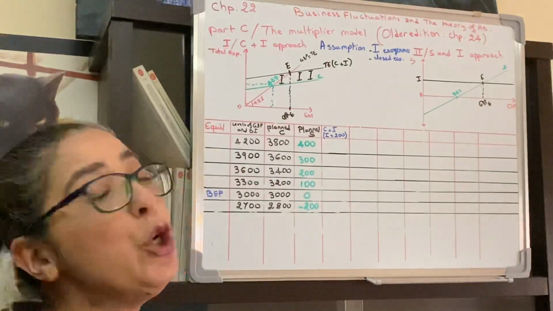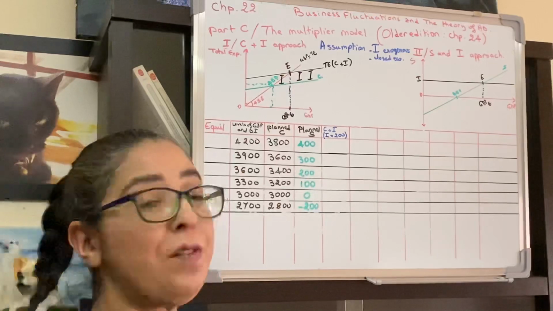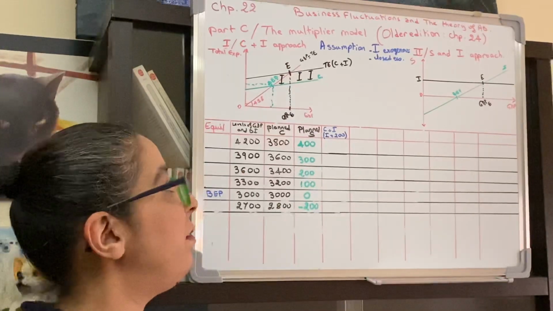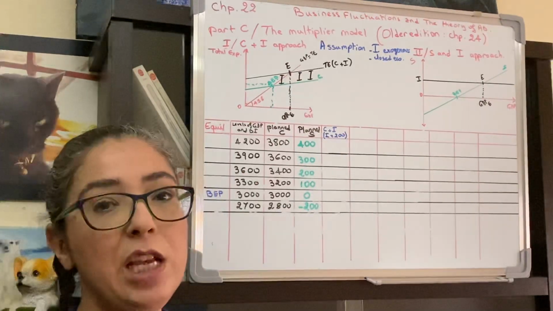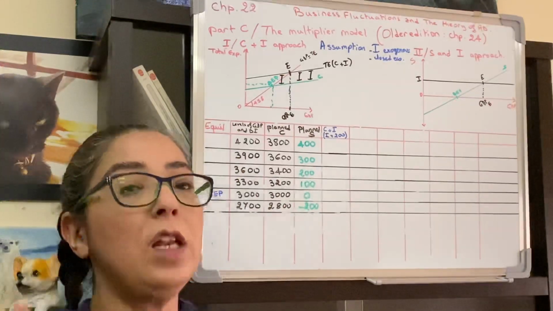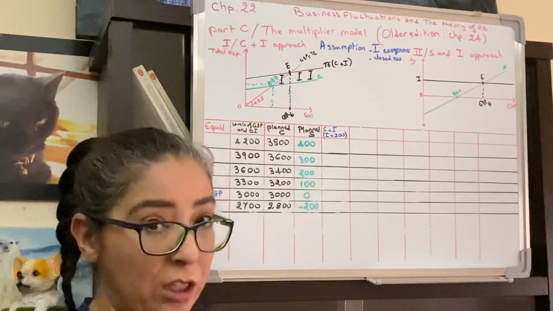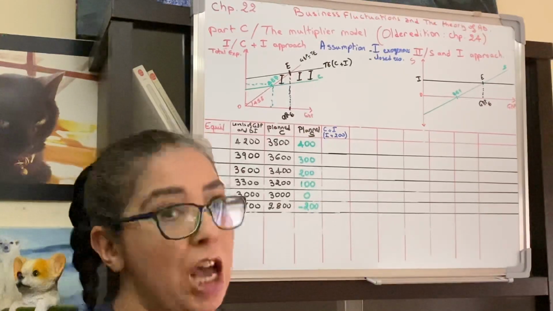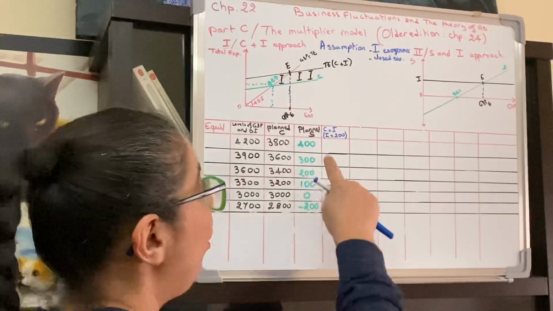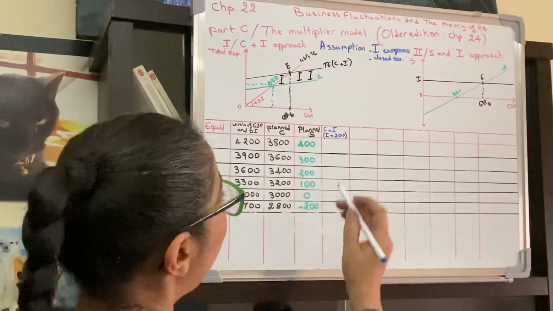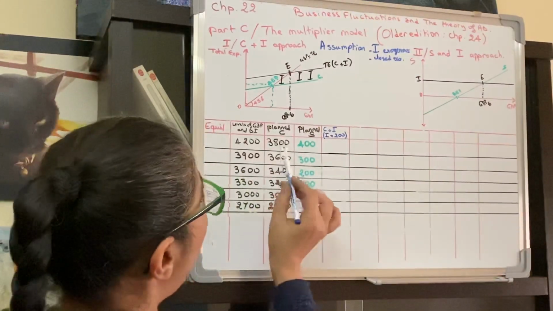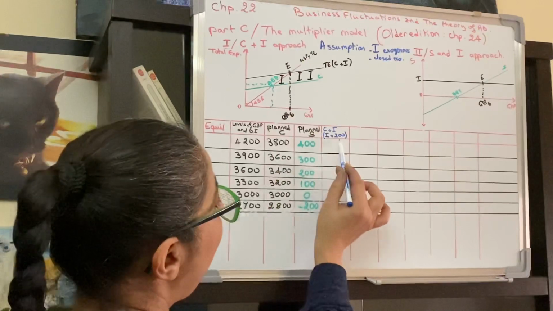Now let's assume that an exogenous variable came, that is the investment of 200. Now I need to calculate my total expenditure, how much I spend in total. So I'm going to spend on consumption and on investment, so I'm going to calculate the total of the two. So my investment is 200, so I'm going to take my consumption plus the 200.